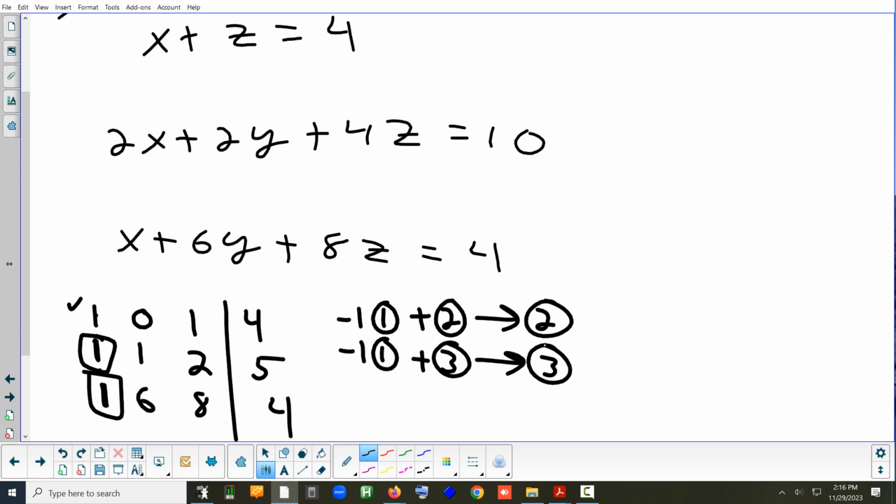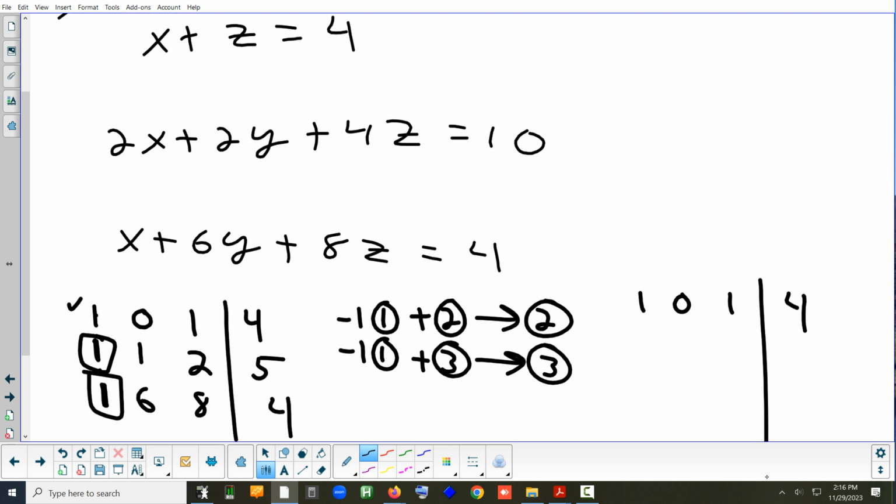So what row isn't going to change at all? Number 1. So let's copy that over. That row's not going to change for the entire problem: 1, 0, 1, 4. Once you get a 1 in the upper left, the first row, you're done with that row for the whole problem.